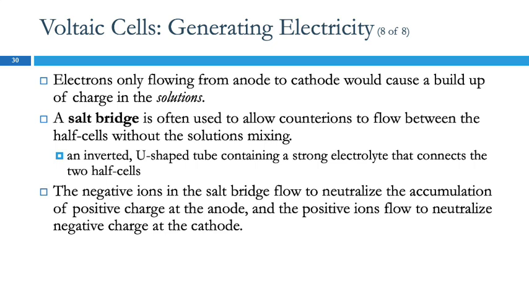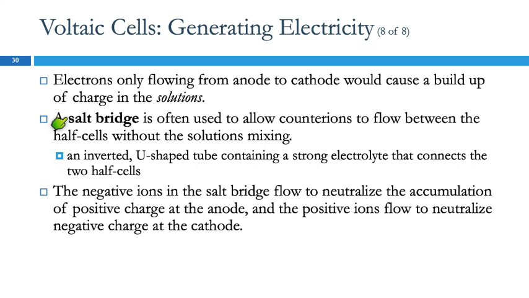So, like I kind of mentioned before, if we have electrons flowing from the anode to the cathode only, then we would cause a buildup of charge in the solutions, and nature doesn't like that very much. So in this voltaic cell, we need to provide a way for the charge to get back to where it started from.